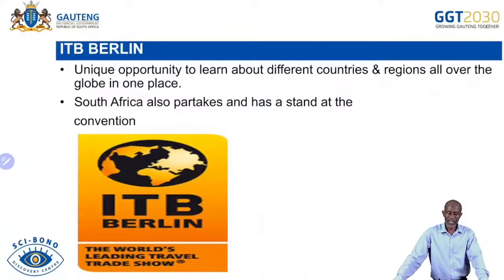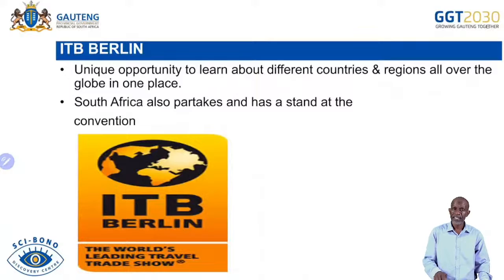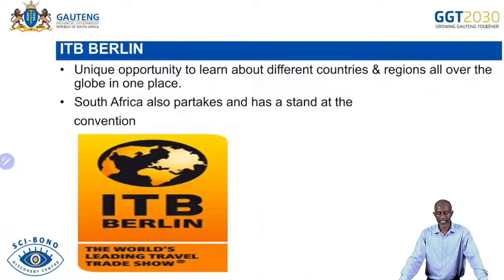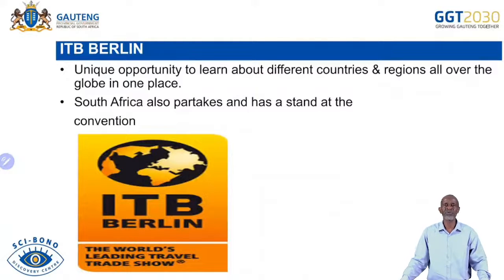So this is the symbol, portrayed here, and on the logo you have the motto that says the world's leading travel trade show. As soon as you identify this logo, you know for a fact that it's linked to ITB Berlin, which gives not only South Africa, but the other 179 countries, a chance to showcase their tourism offering.